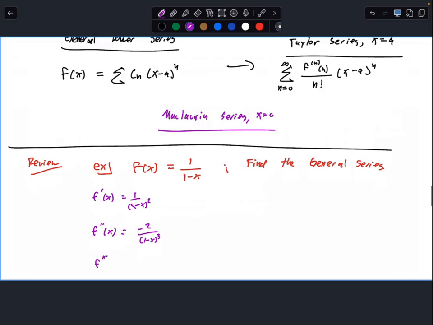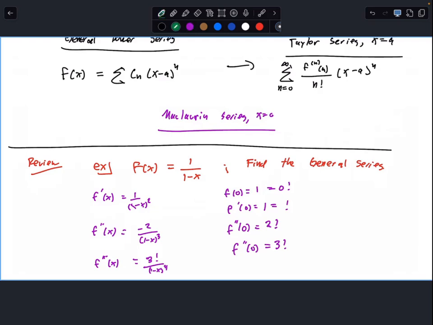The third derivative was 3 factorial over 1 minus x to the fourth. This gave me that f of 0 was 1, f prime of 0 was 1 factorial, f double prime of 0 is 2 factorial, and the third derivative at 0 is 3 factorial.